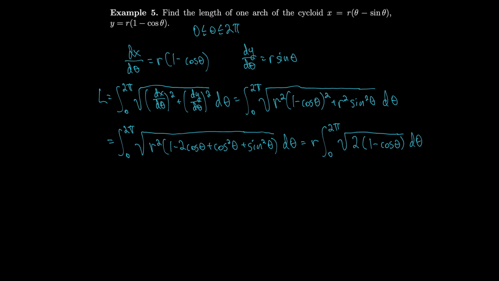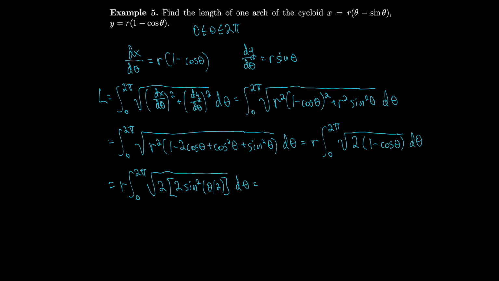And because there's no half over here, I'll have to multiply by 2. So I end up with r times the integral from 0 to 2 pi of the square root. I'll keep my 2 on the outside, but now I have 2 times sine squared theta over 2, replacing my 1 minus cosine theta using our half angle identity.